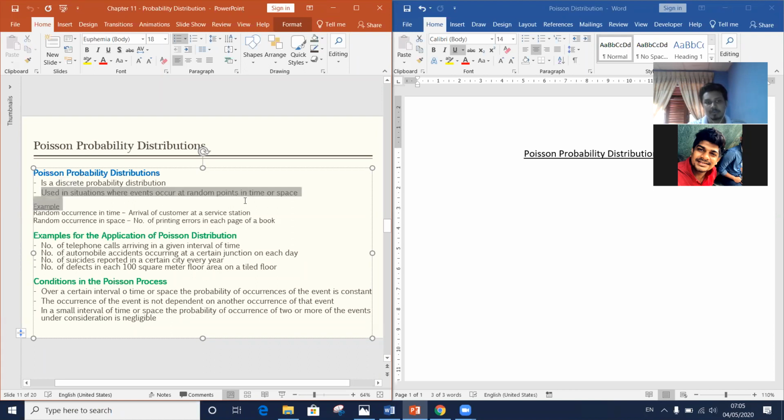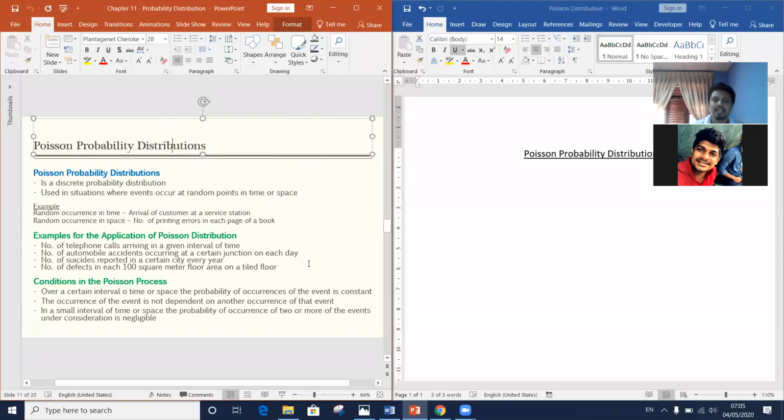And the second point is what? Used in situations where events occur at random points in time or space. When we need to calculate probability in situations related to time and space, in those situations we are going to use this Poisson probability distribution, right?